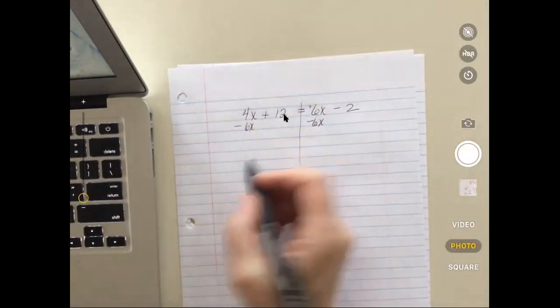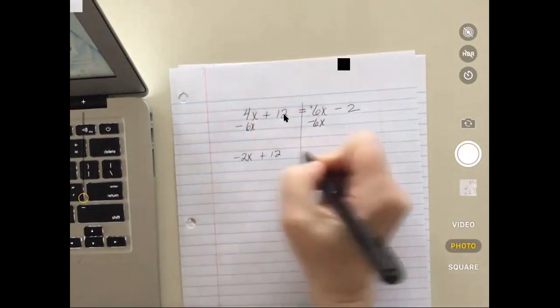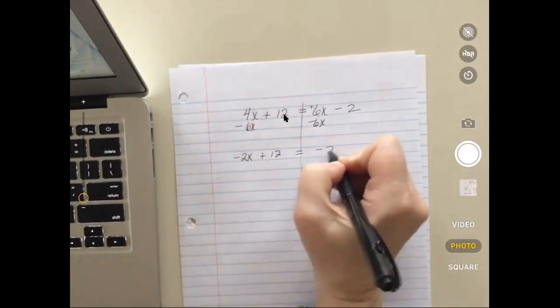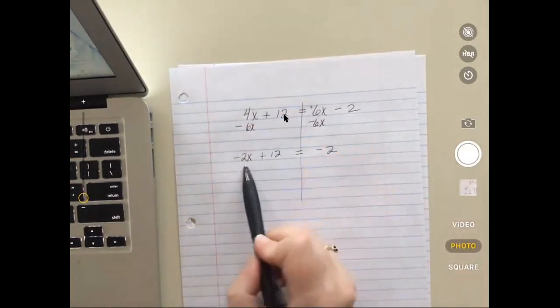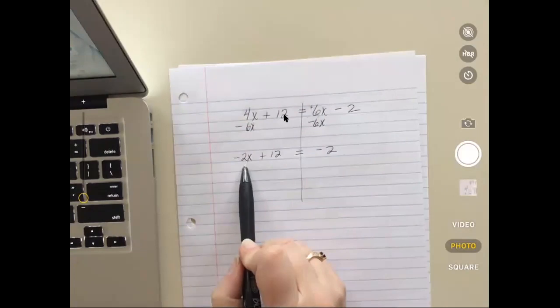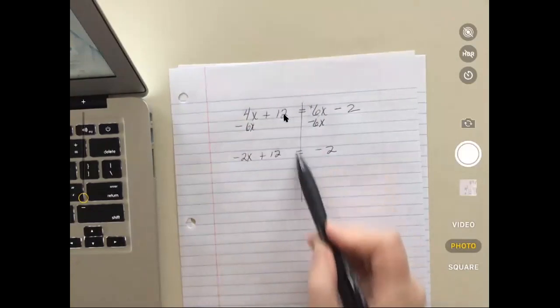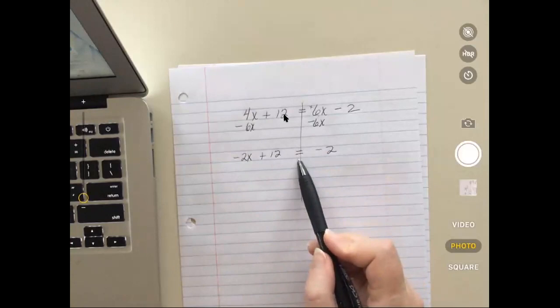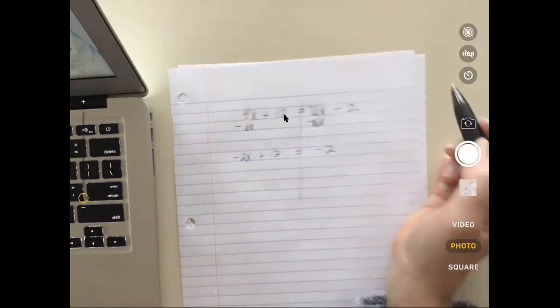Here's what I get: -2x plus 12 equals -2. Check that out. 4x minus 6x makes -2x. That plus 12 is still there. The equals is right on the line. The plus 6x and the minus 6x make 0, they're gone.